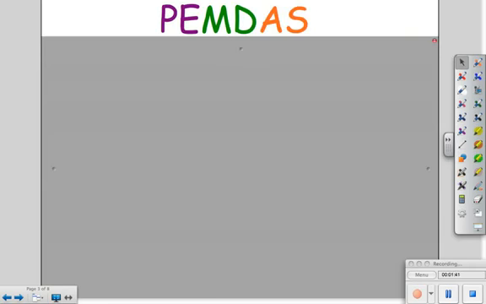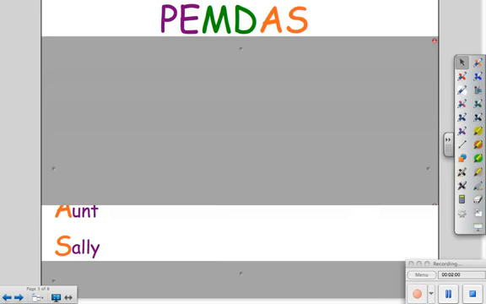There's two ways to remember the order of operations, or two common mnemonics. The first one is PEMDAS, and that simply takes the first letter of parentheses, exponent, multiplication, division, addition, subtraction, and turns it into kind of a nonsense word. So PEMDAS is a good way to remember your order of operations.